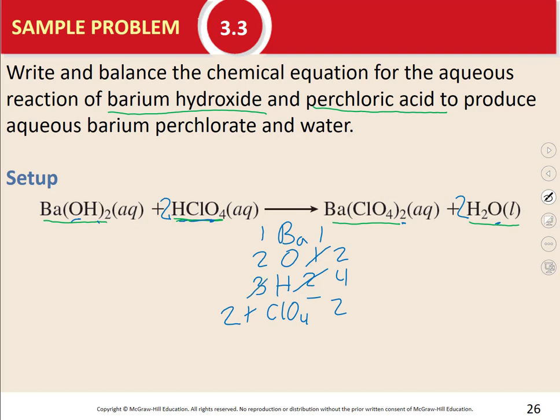So now how many hydrogens do I have? 4. Good. I have the 2 from the hydroxide, and now I have 2 from the acid for 4. So now am I balanced? Yes. So how bad was that to balance? Not so bad, right? It looks scary at first, but if you just take it bite by bite, step by step, break it down, it didn't end up being so bad.